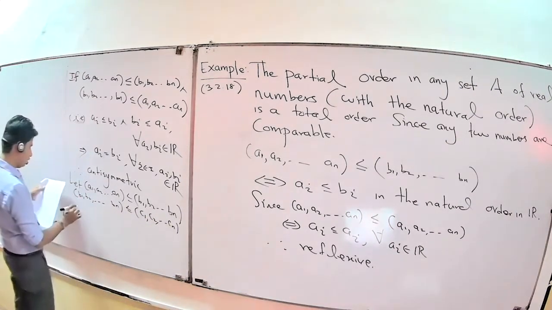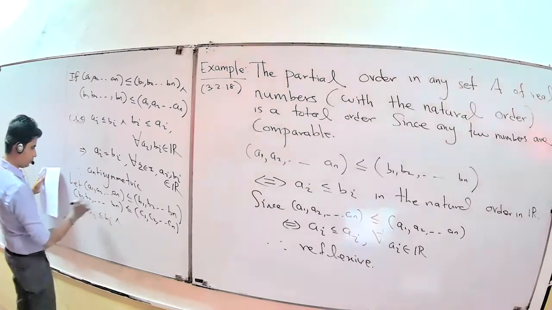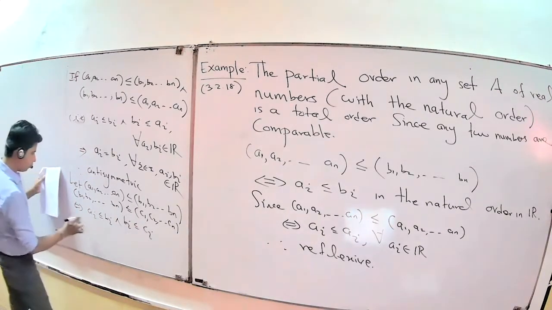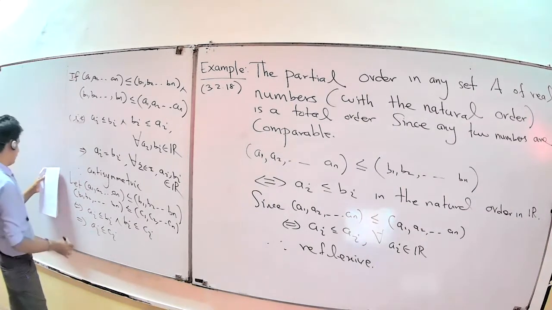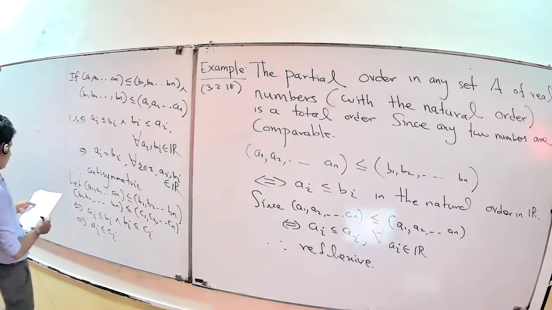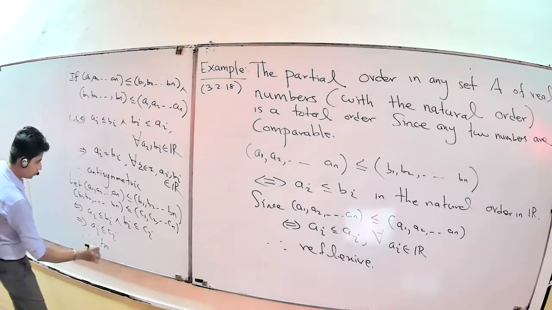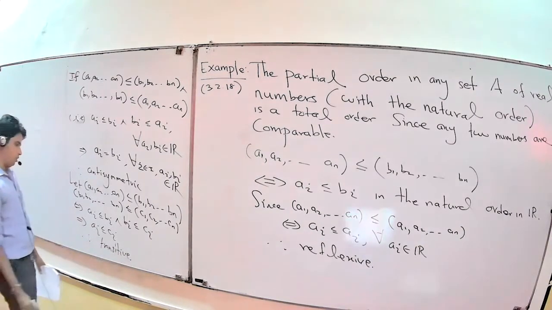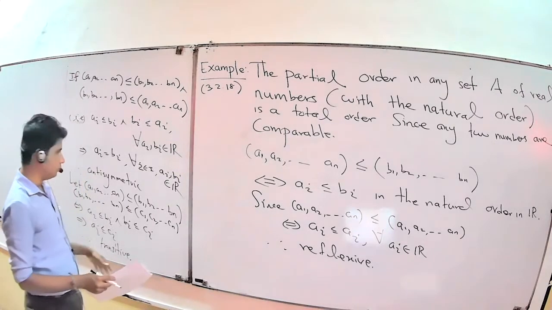From the first part you can write ai less than or equal to bi, and from the second one bi less than or equal to ci. From both you can write ai less than or equal to ci. That means (a1, ..., an) is less than or equal to (c1, ..., cn). Therefore, that relation is transitive. Therefore reflexive okay, antisymmetric okay, transitive okay.